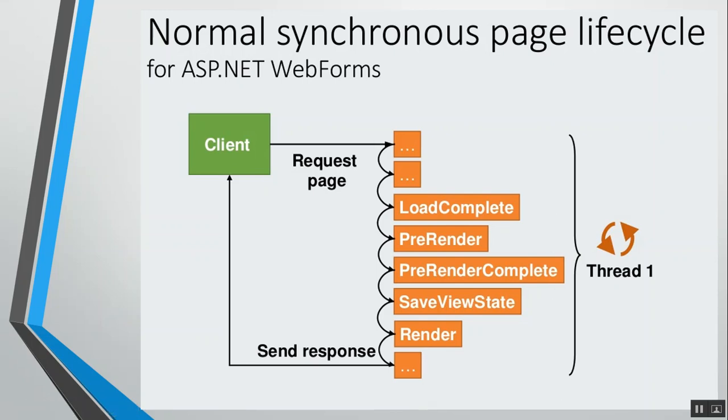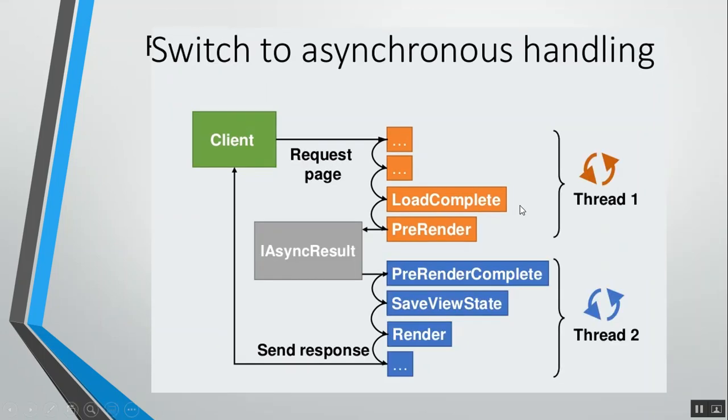But if we want to implement it asynchronously, then we can divide our synchronous execution into two threads. The first thread will get the request from the client and perform up to pre-render. The state of the machine, or context of the current processing, will be sent via async result to the second thread.